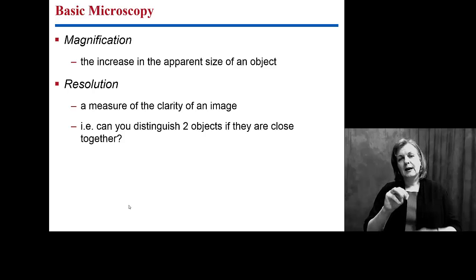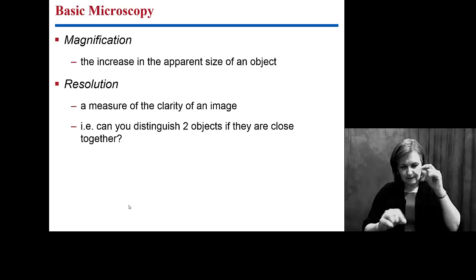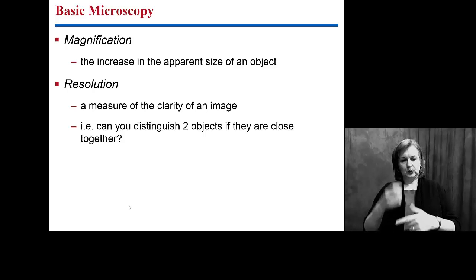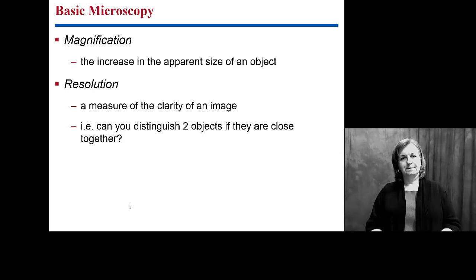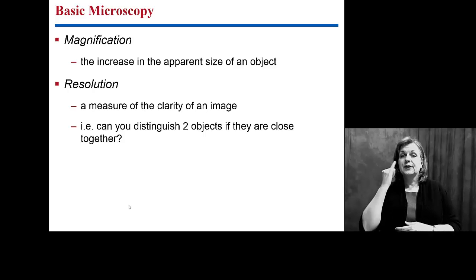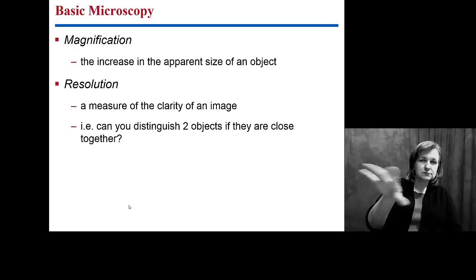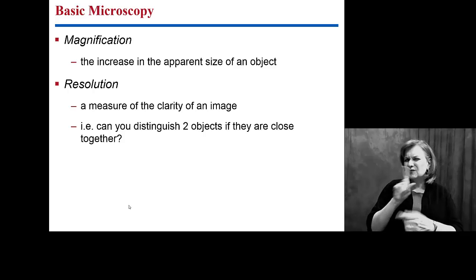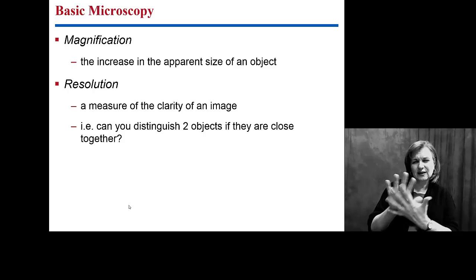So magnification is simply looking at an object under a magnified condition, enlarging its size so that you can see it and see its detail. Resolution is how well you see it. So you may see things in a distance, but you might not be able to make out what they actually are. It might be fuzzy to you.